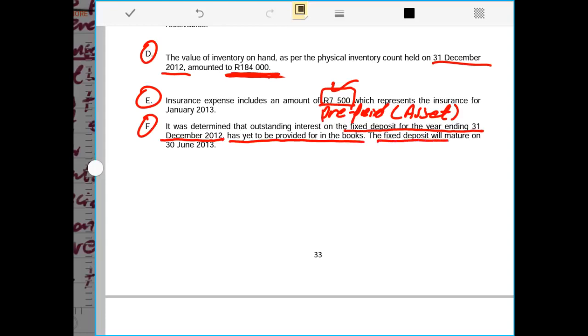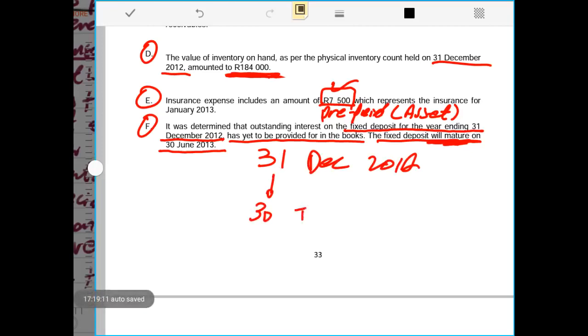The fixed deposit will mature, look at that, it will mature on the 30th of June 2013. Remember, we are doing the books for the year end 31st December 2012. Now from here until 30th of June 2013, it is just 6 months.